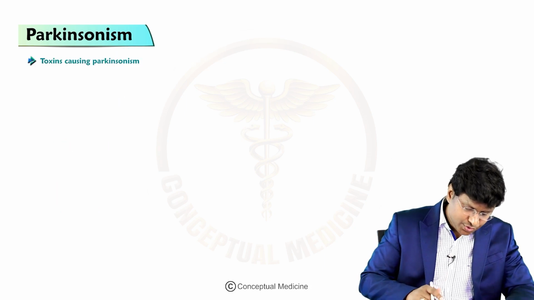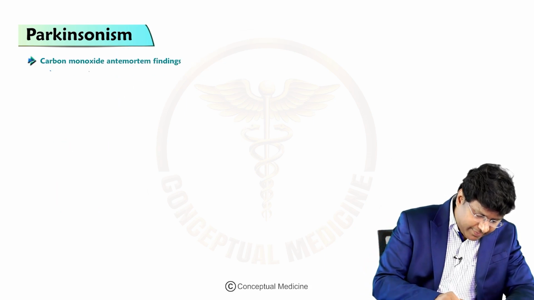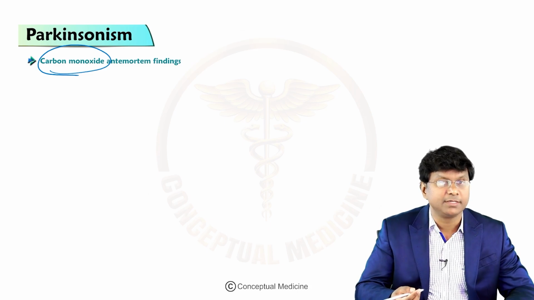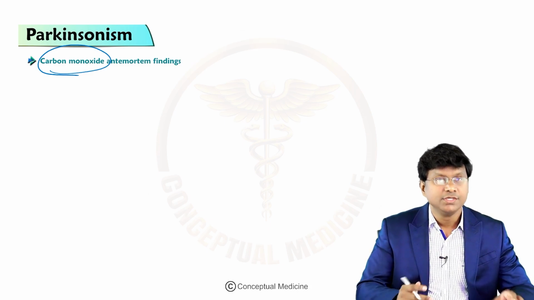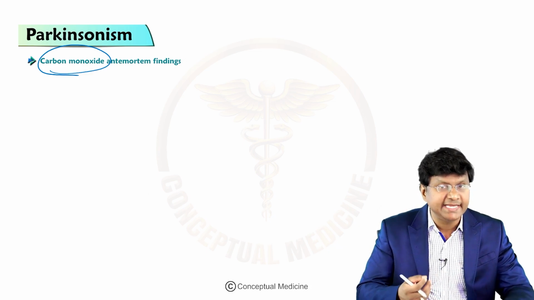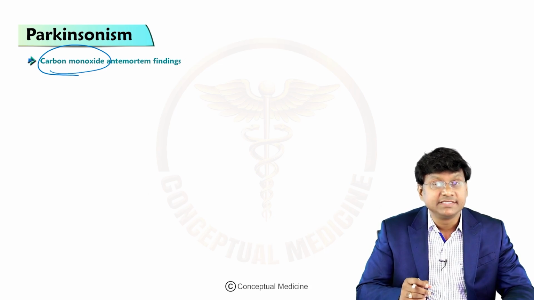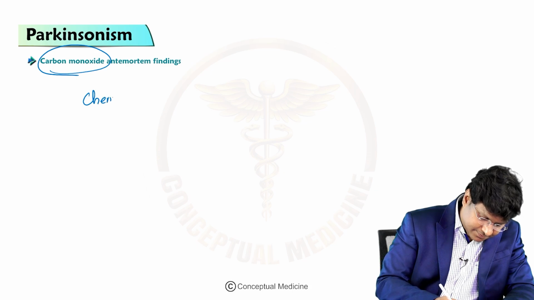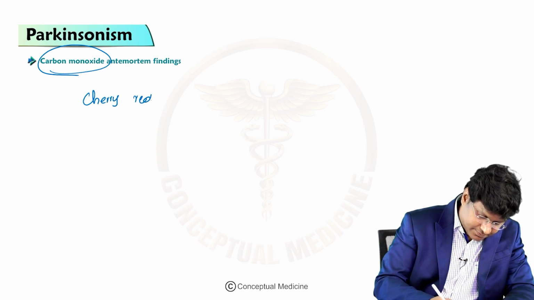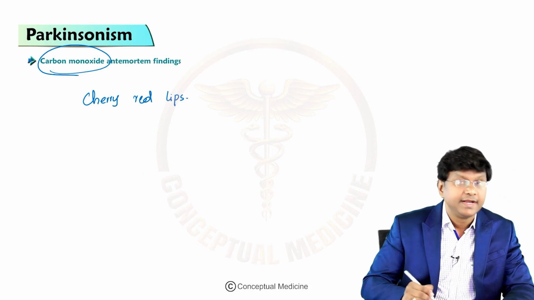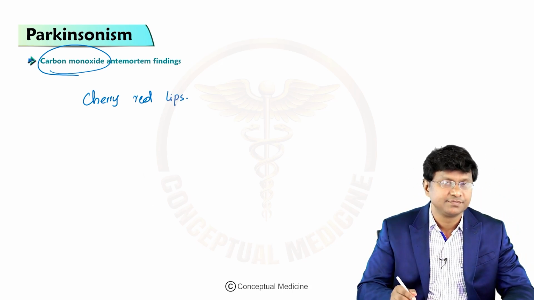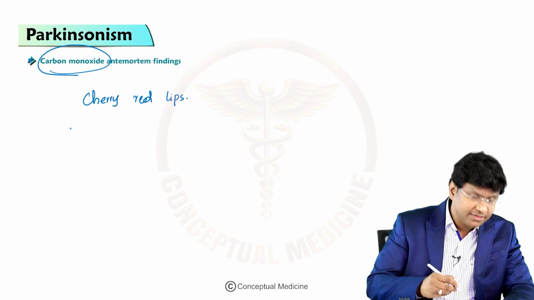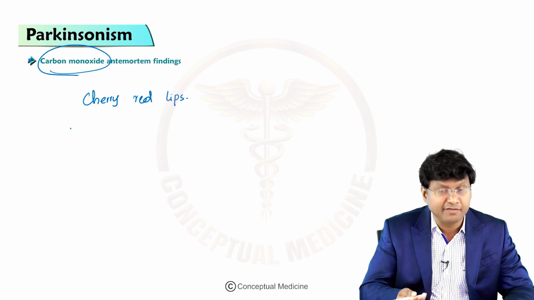Now you should know what the ante-mortem findings of carbon monoxide poisoning are. Carbon monoxide ante-mortem findings are that these individuals will have cherry red lips, and definitely there will be basal ganglia malfunction.